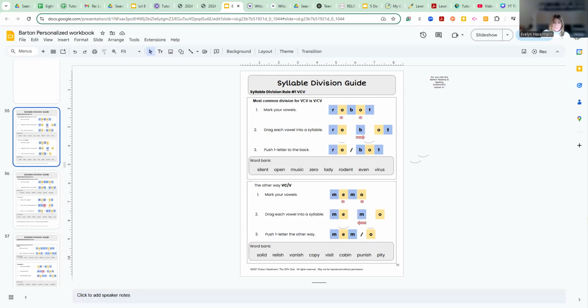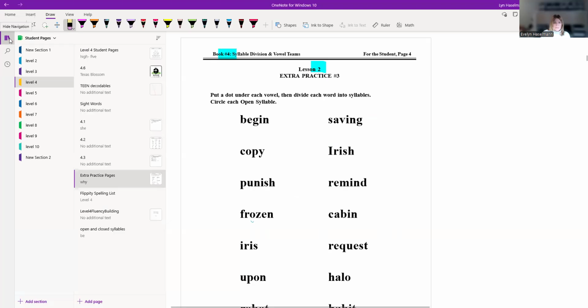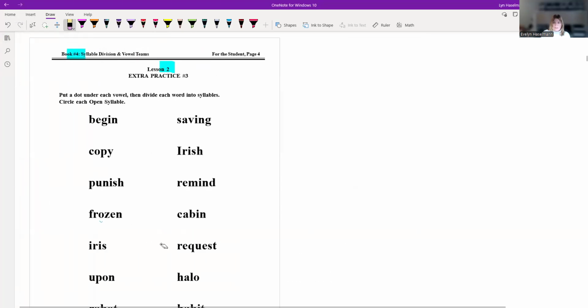Okay, let's take a look at the practice work. The practice work is going to start for book 4. Lesson number 2, extra practice number 3. Again, remember we do 3, 4, and 5 for practice work. 1 and 2 are in the book.